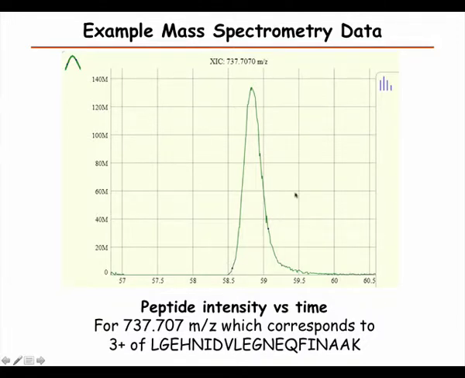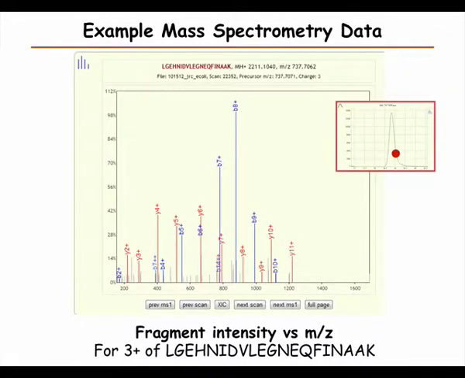fragmented this peptide. If we look closer at this fragmentation, we see that we get a nice fragment mass spectrum with B and Y ions. In this case, the B ions are more intense, and it corresponds well to the peptide that we expect.